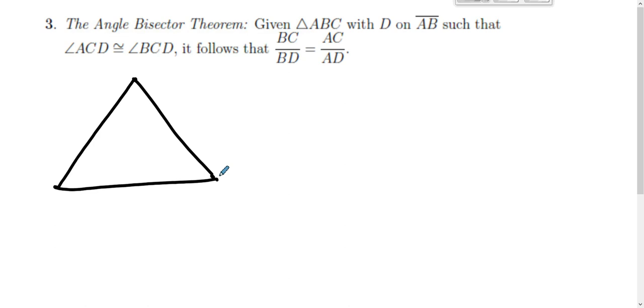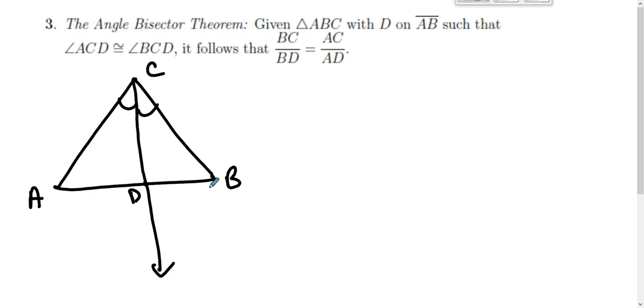So given triangle ABC with D on AB such that angle ACD is congruent to angle BCD, it follows that this side is to this segment of the hypotenuse as this side is to this segment of the hypotenuse. So here's the basic idea here.